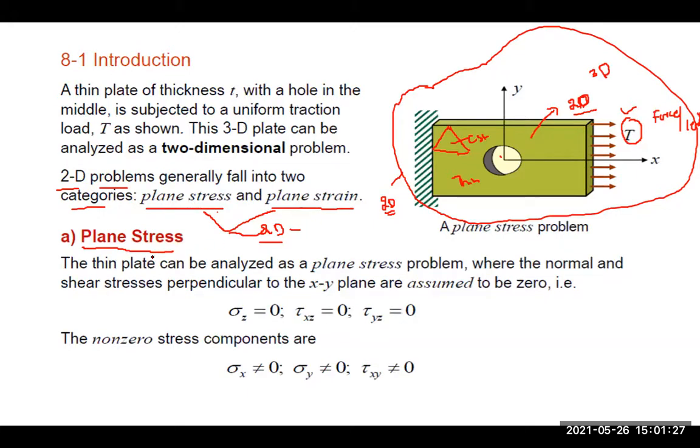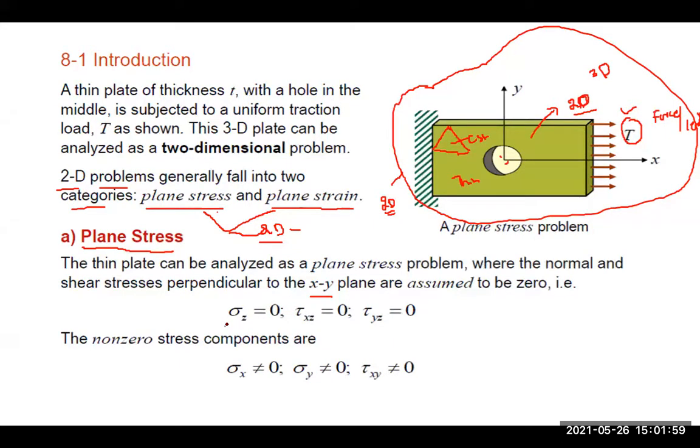Plane stress is defined as follows: a thin plate can be analyzed as a plane stress problem, where the normal and shear stresses perpendicular to the xy plane are assumed to be 0.